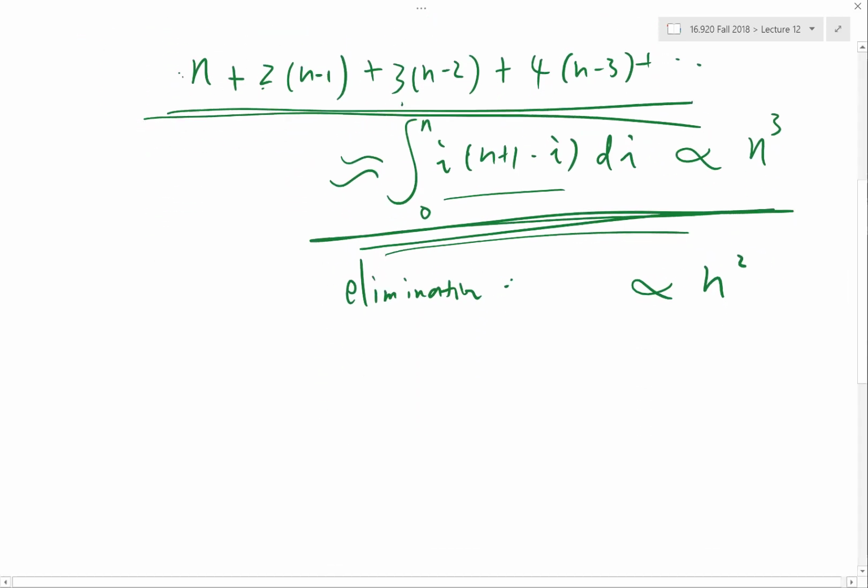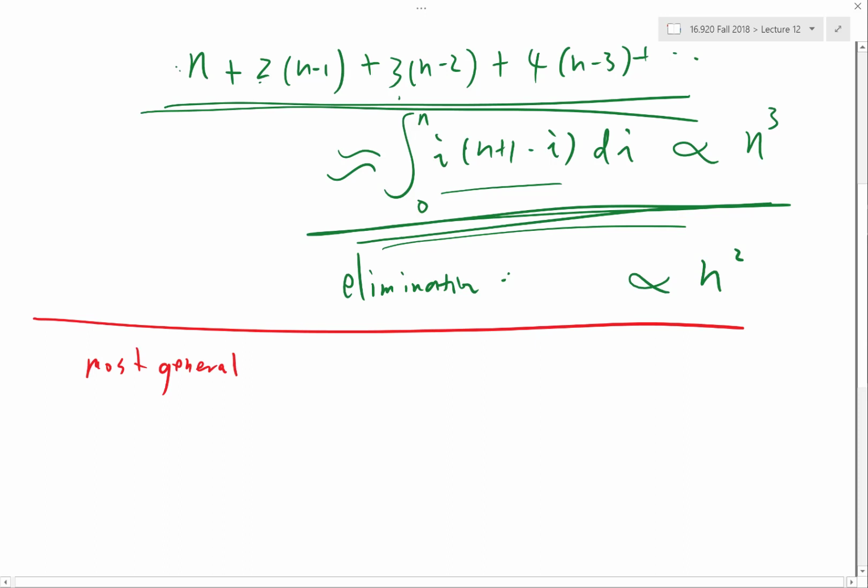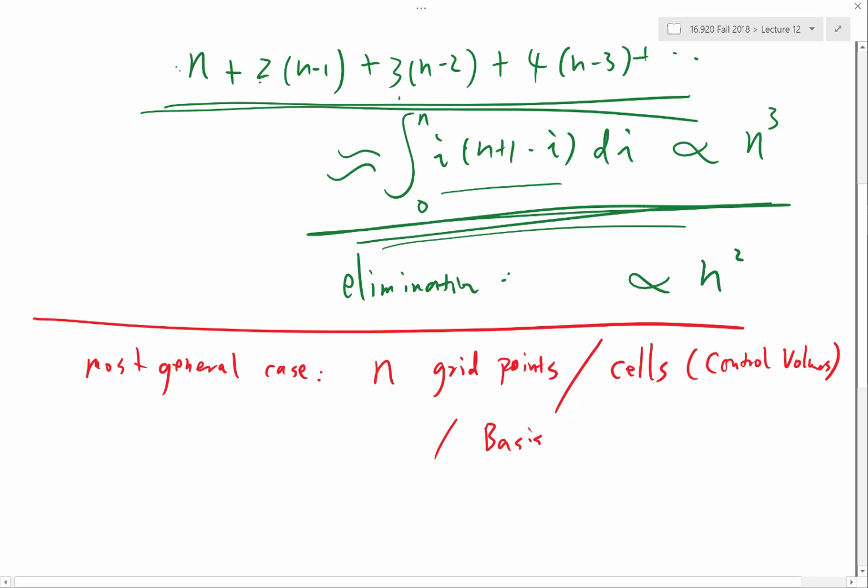Well, the implication is if you look at the partial differential equation, in the most general case, if we have n grid points, that's in finite difference, or cells, also called control volumes, that's in finite volume, or basis functions, that's in finite element, right?